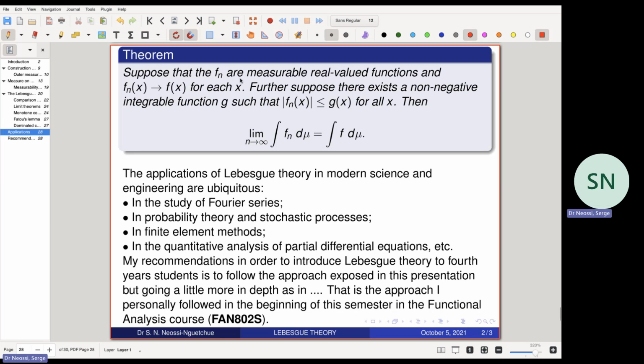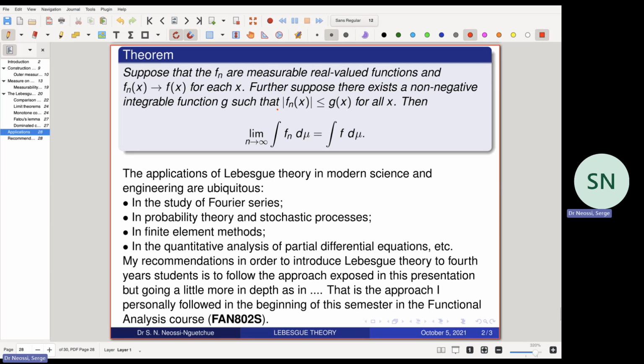Suppose that Fn is a sequence of measurable real-valued functions, and that for each x, Fn(x) converges to f(x). This is what we call pointwise convergence. Further, we suppose that there exists a non-negative integrable function g such that the absolute value of Fn(x) is less than or equal to g(x) for all x.